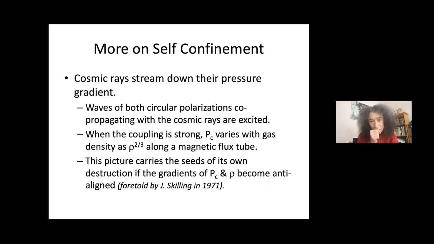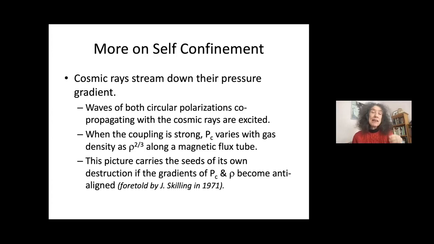Okay, so the cosmic rays stream down their pressure gradient. That's intuitive. And the streaming instability will excite waves. An Alfvén wave propagates up or down the field line, and if we think of it as an electromagnetic wave, which it is, it can be left or right circularly polarized. Streaming will excite waves propagating in the same direction as the streaming, and both circular polarizations are excited.